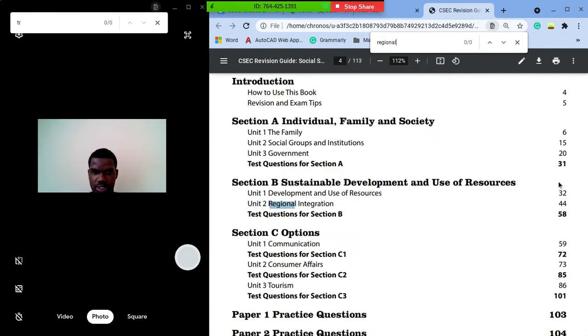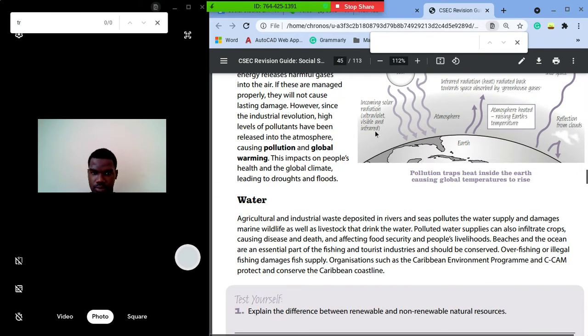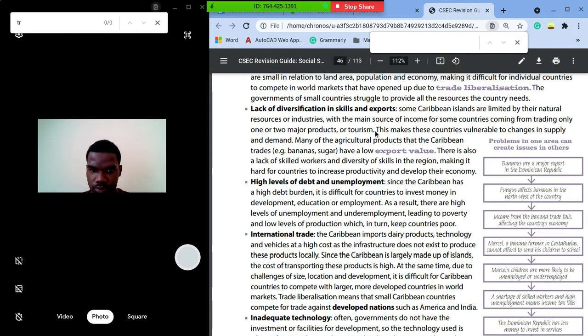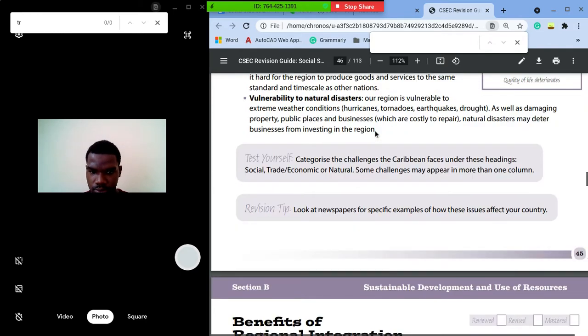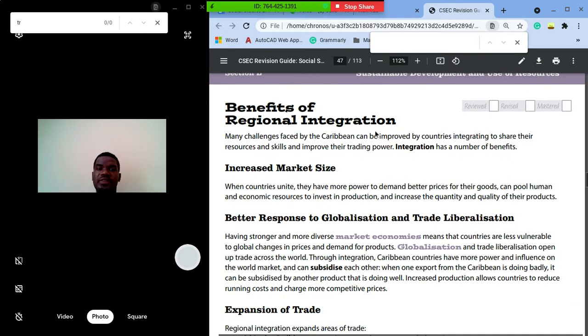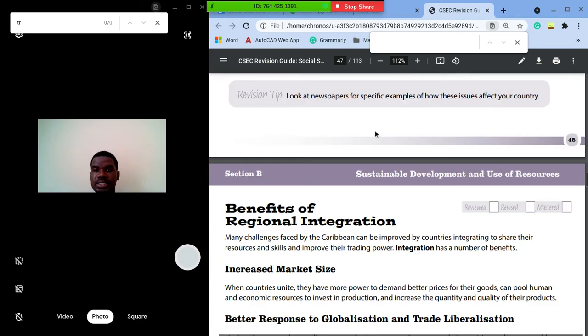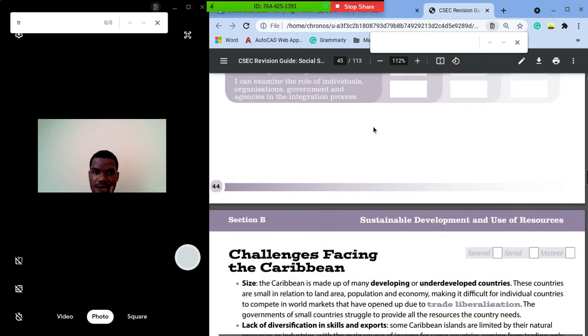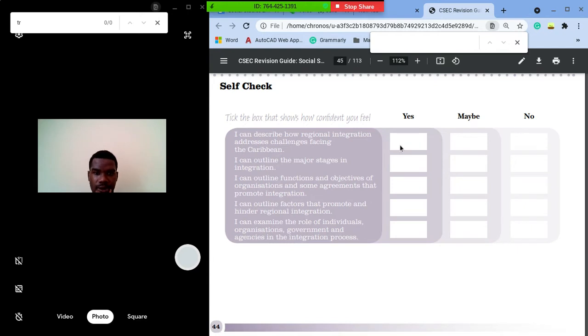Let's go back to regional integration, which was on page 44. Alright, here we go. So we're going to look at the benefits of regional integration now. So that's the second objective. The first objective was to outline the challenges. We looked at the four main challenges.